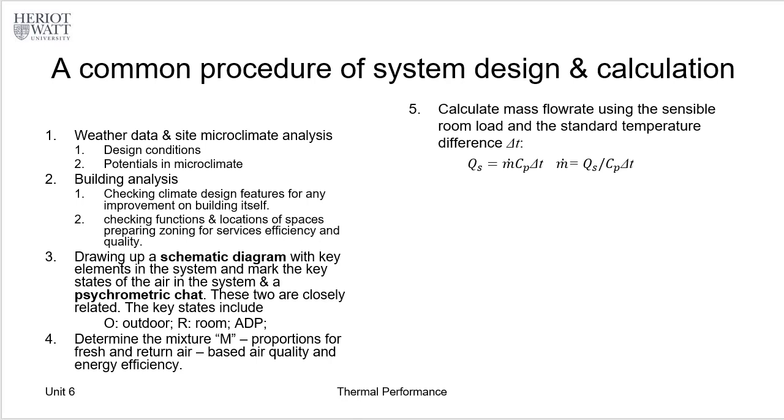The temperature difference between supply air and room air is 8 degrees or less. Surely, the larger the temperature difference, the less flow you can supply. And then less flow means you can have a smaller fan and a smaller pressure drop and smaller ductwork. So all beneficial to reduce initial investment.